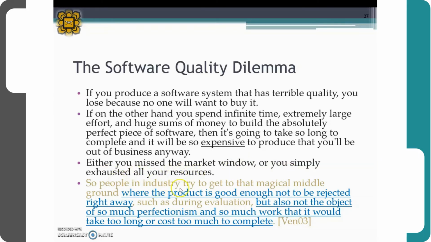So people in the industry are trying to find out what is the best way to handle this, where the product is good enough not to be rejected right away, but also not so perfect that you have to put so much effort, time and cost to complete. So it's like a balance between these efforts.